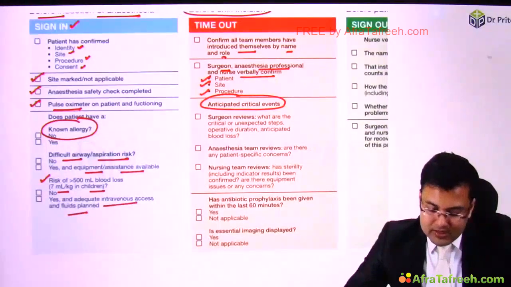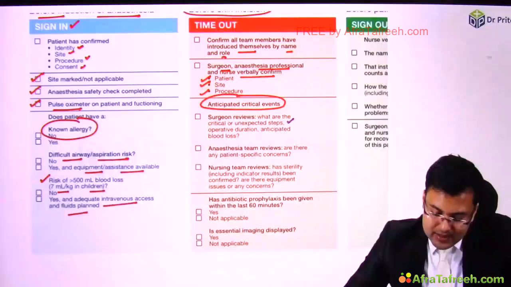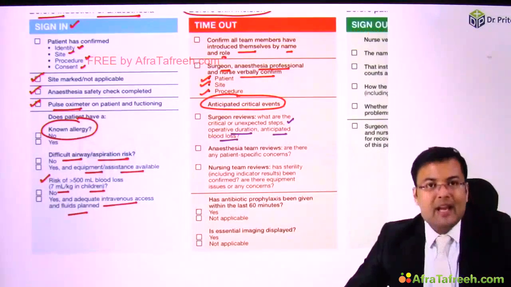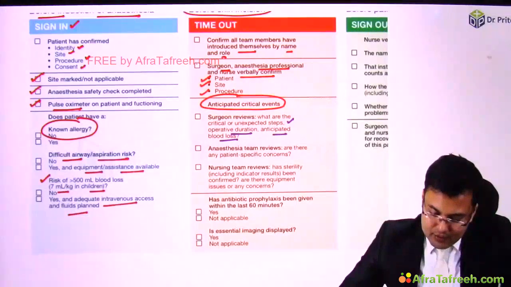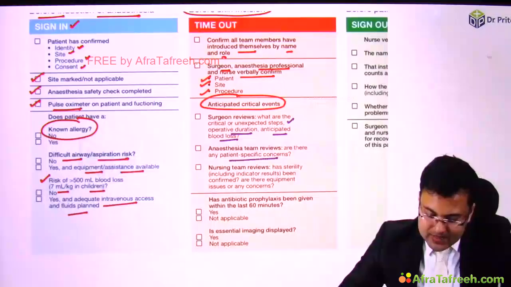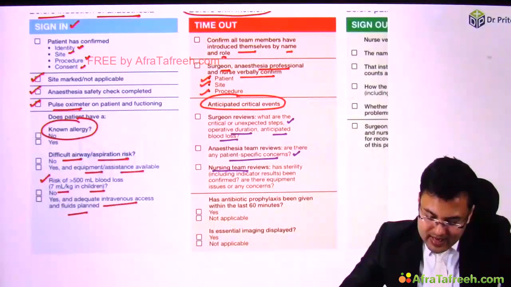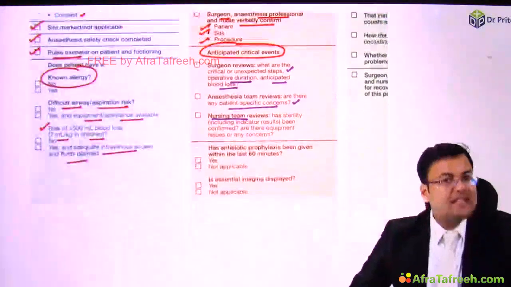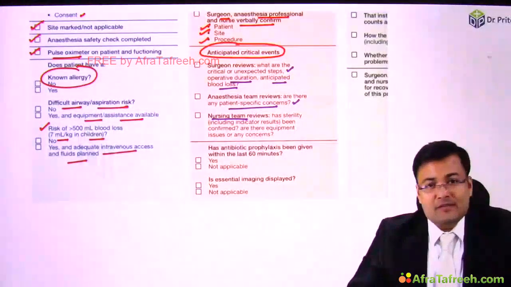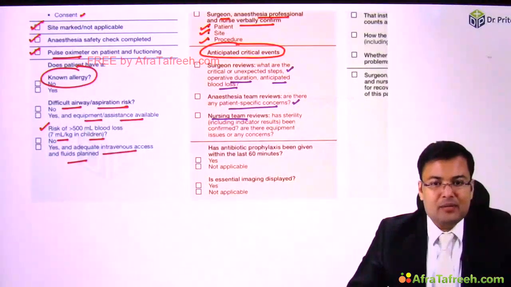Surgeon reviews what are the critical or unexpected steps, operative duration, anticipated blood loss. Anesthesia team reviews, are there any patient specific concerns? And the nursing team reviews whether sterility has been confirmed, or is there any equipment which is not functioning properly.